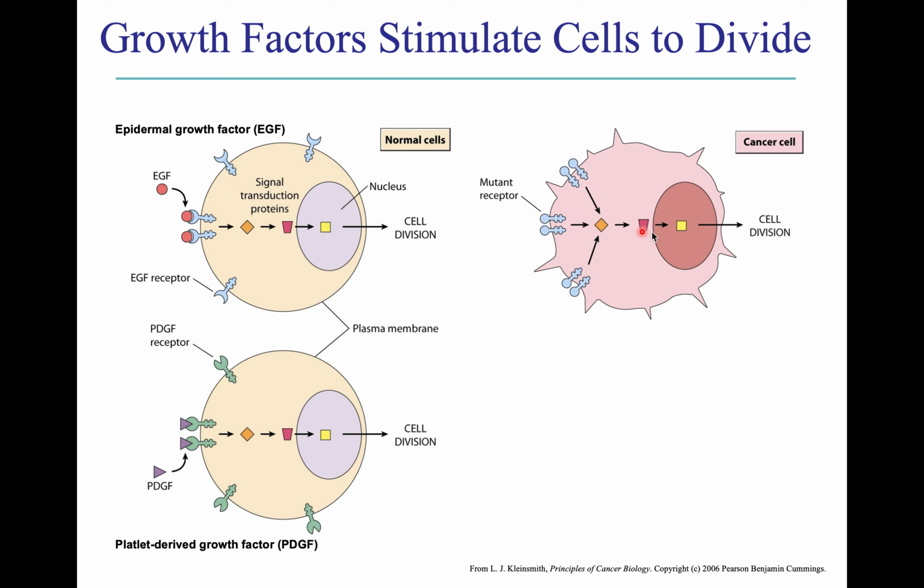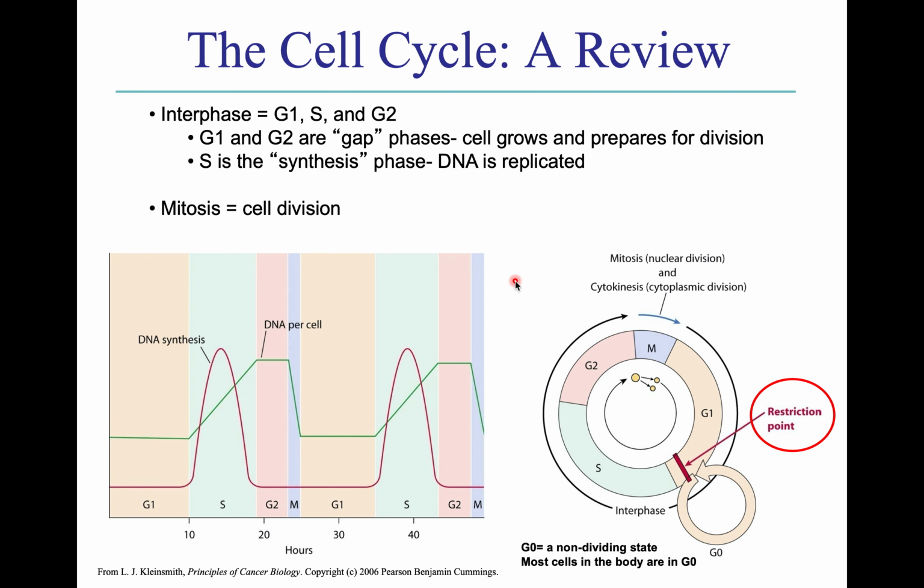It's just constantly going to signal downstream, telling the cell to divide, even in the absence of that external stimulus. So things like that are very, very commonly seen in cancer cells. And we'll get into some of these pathways in a little bit more detail later and come back and revisit this idea. But in terms of cell division, just to remind you the basics of the cell cycle, right?